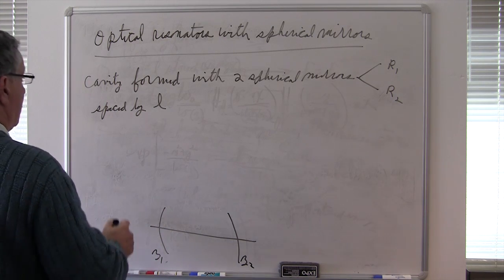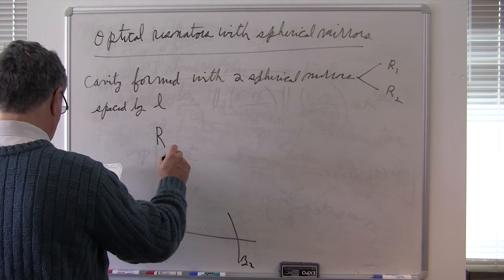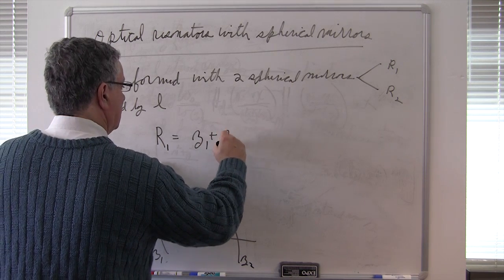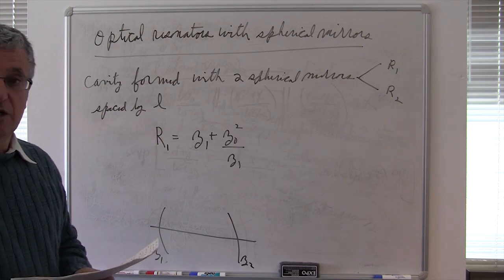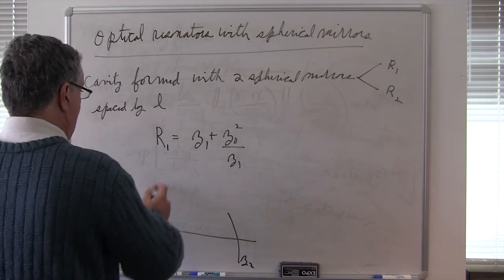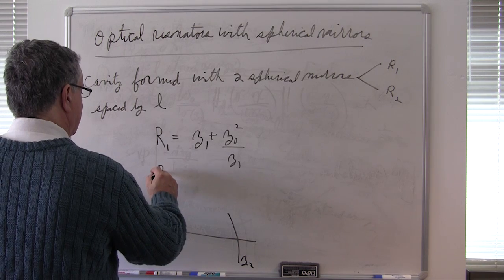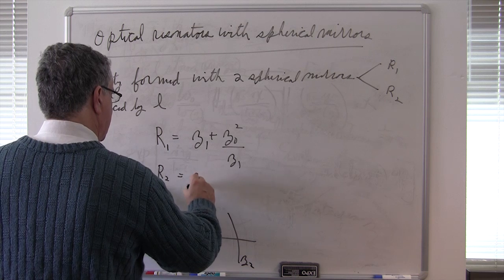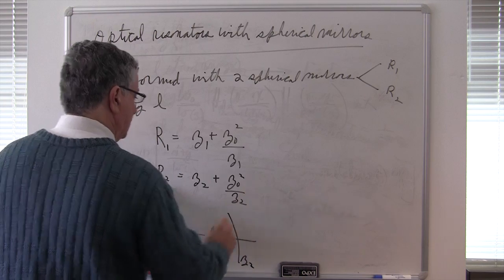Now what we can do is write the expression for the radius of curvature of the phase front. R1 is equal to Z1 plus Z0 squared over Z1. That's our normal expression for the radius of curvature of the Gaussian beam at position Z1 here, and then at Z2, the radius of curvature would be given by R2 equals Z2 plus Z0 squared over Z2. Okay?